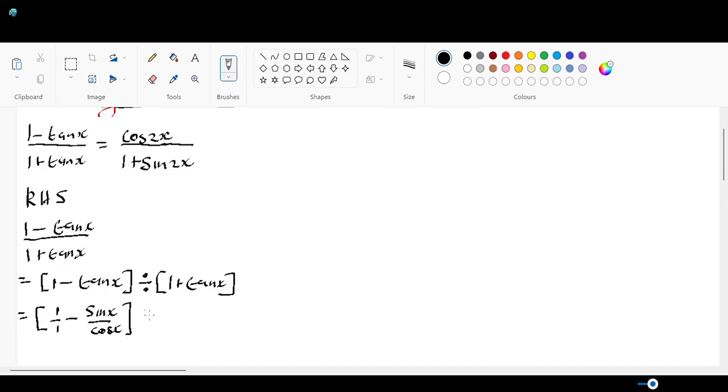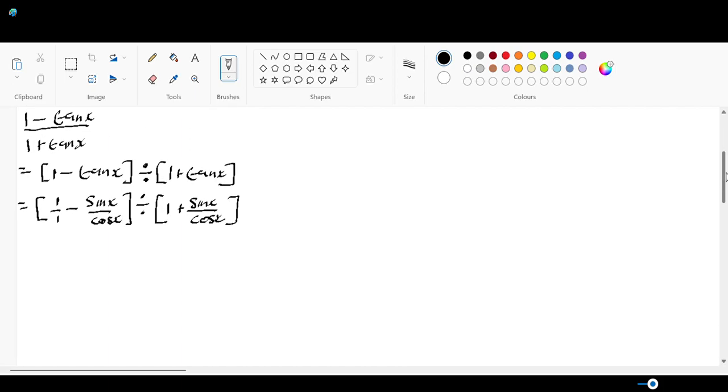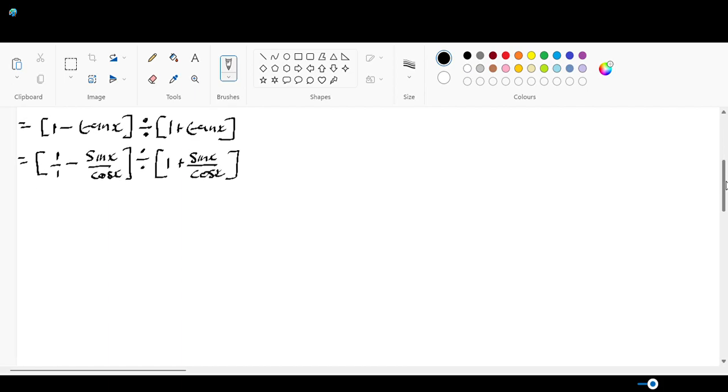There we go. And then we do the very same thing on the other bracket as well, whereby we're gonna change into sine x over cos x. There we go. Let me just create more space, because this problem is a bit longer as compared to other problems. Okay, and it might take time, so you have to be patient.